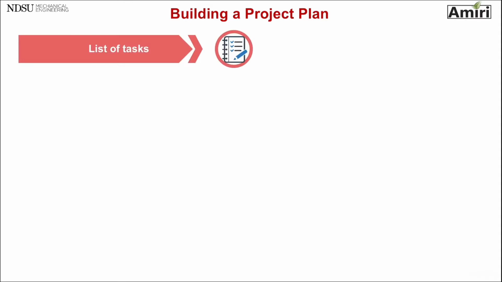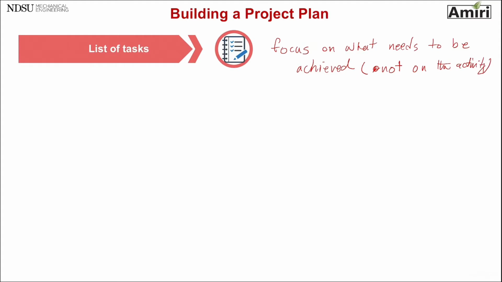And one thing that I want to mention again, focus on what needs to be done, what needs to be achieved, okay? Not on the activity itself, okay? So it is really important to have in mind what you are achieving by doing this.